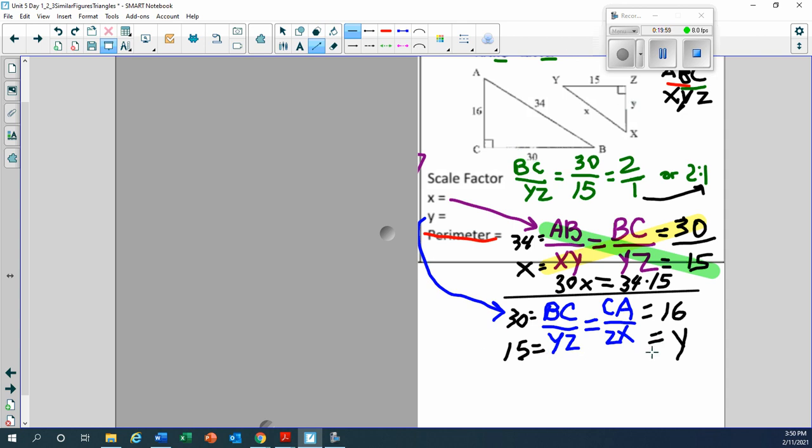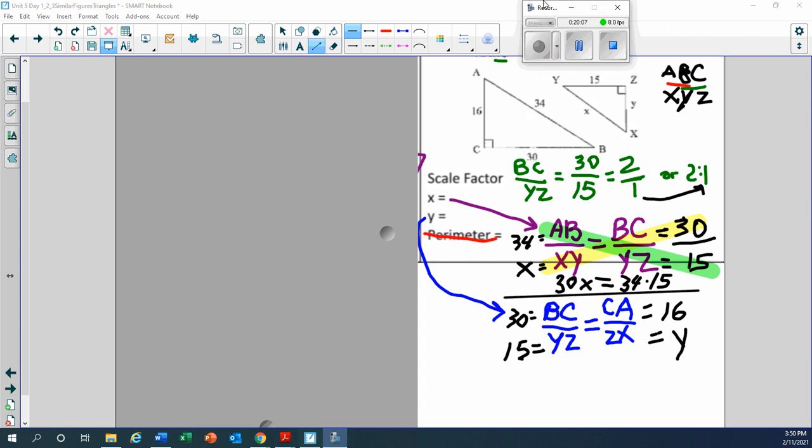And then the corresponding side to ZX is CA. And you'll see that in 1 second. Here we go. You're going to see that Z to X goes this way, and C to A also goes that way.